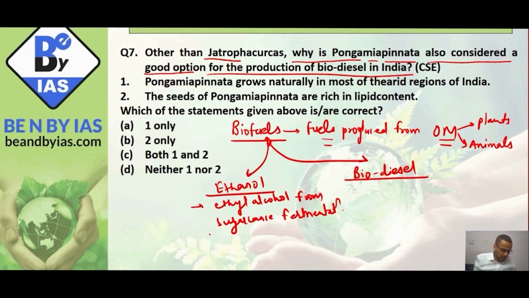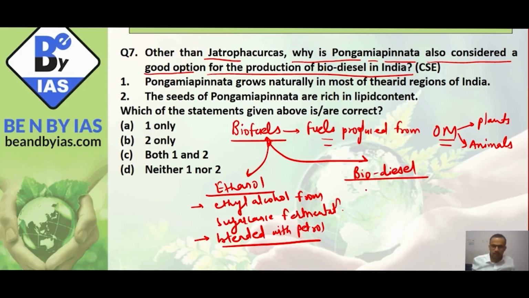Fine. And this ethyl alcohol or ethanol can be blended with petrol.